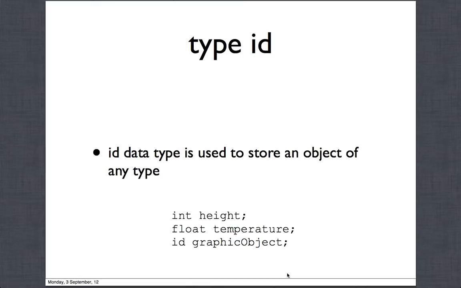There's one thing that is not present in C++, it's id. You can have a type id, and it's used to store an object of any type. Just like you can create an integer or a float, you can create an id variable, and you can assign any object to this variable.